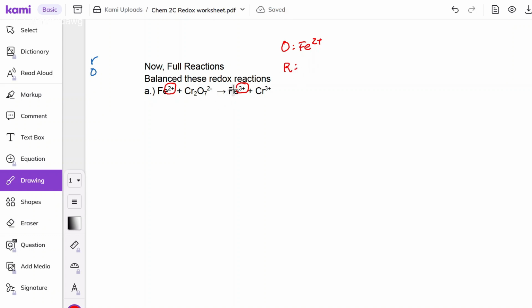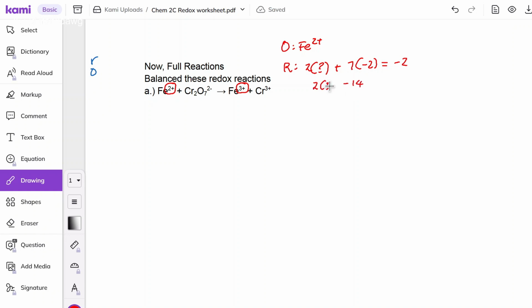It has to be the other thing, right? Because right here, Cr2O7. Oh, this is a tough one. So Cr, it's 2 times the question mark plus 7 times negative 2 is equal to negative 2. 7 times negative 2 is negative 14.